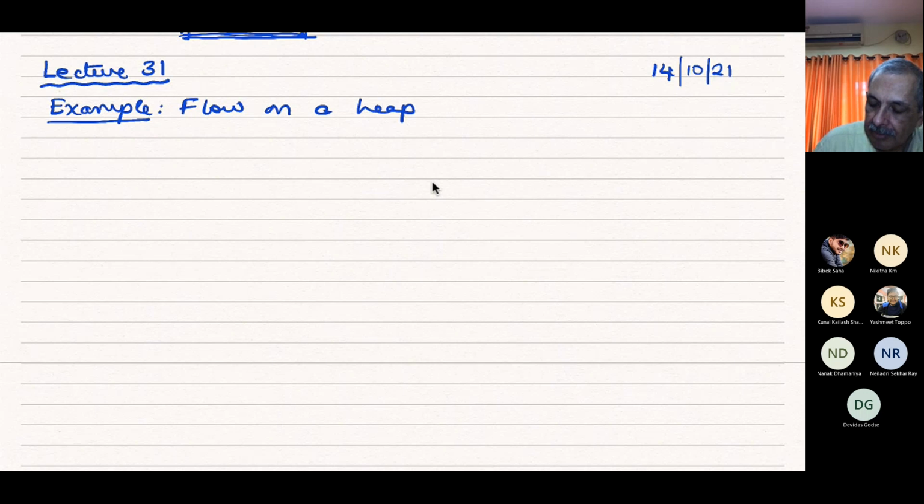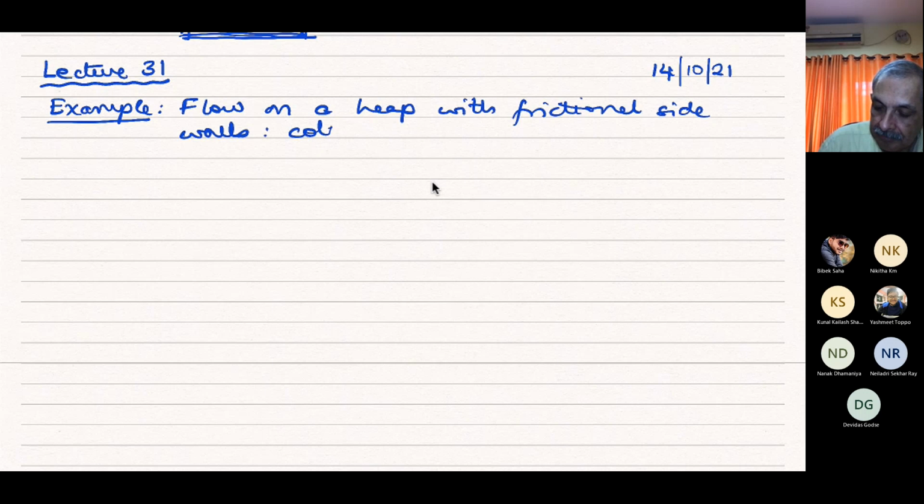Heap with frictional side walls, and we are looking at a closed system.